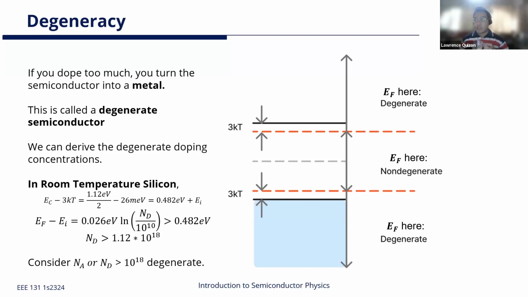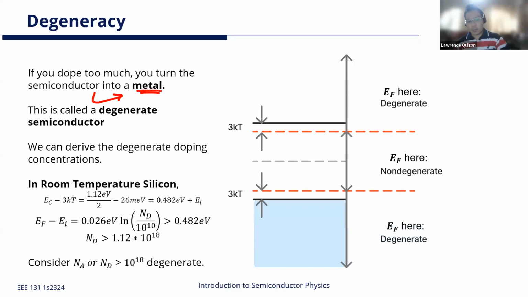We do want to do that sometimes if we want to make essentially a metal out of the silicon sheet that we use to fabricate electronics. But there are better ways to do so, like using copper. If we put too many dopants into a semiconductor, it turns into something very close to a metal.